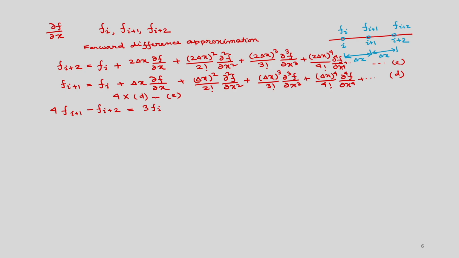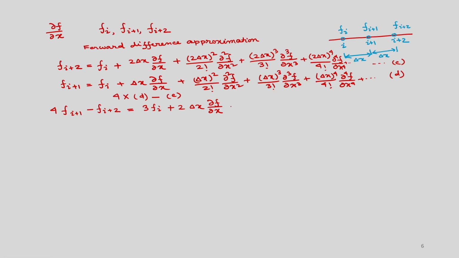Then you will get, this is your del f by del x. So, it will be 4 into D, so it will be 4 minus 2, so it will be 2 delta x del f by del x. Then if you write this term, it will be multiplied by 4 and here also 4, so this term will become 0 because you have multiplied by 4 and then subtracted.